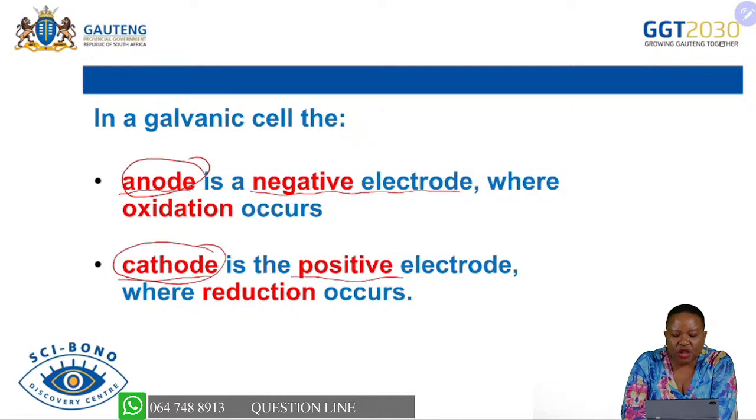Remember, I'm saying it will become a negative electrode and the other one will become a positive electrode. The reason is that there is no connection of a positive and a negative terminal in a voltmeter or in a galvanometer. So you cannot say you are going to connect an anode at the positive or at the negative terminal, because the galvanometer or the voltmeter doesn't have a negative and a positive terminal.